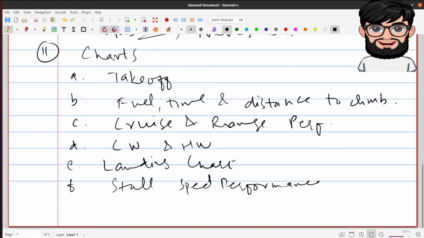The cruise and range performance charts give you the true airspeed, fuel consumption, endurance in hours, and range in miles. The crosswind and headwind chart allows for configuring the headwind and crosswind components.